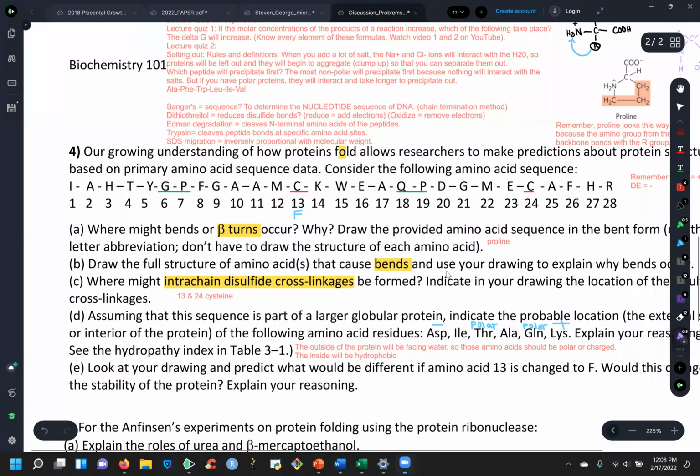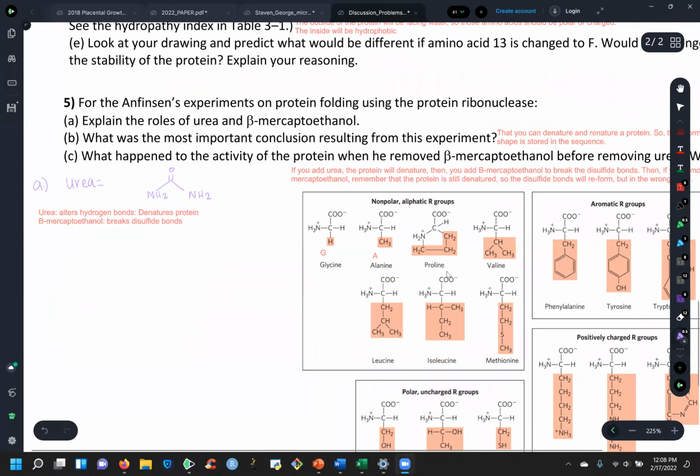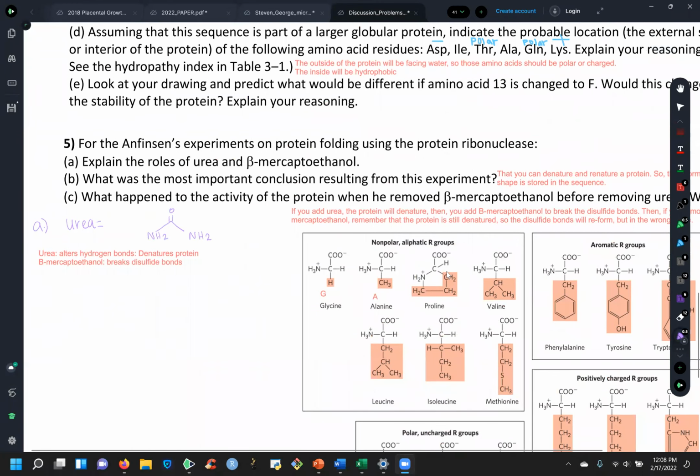Okay. Cool. Okay, the last problem I want to cover is the Anfinsen experiment. If you guys want to take a picture of this, go ahead and do it now, because I'm going to erase the board. Once again, you're learning a lot in only 50 minutes.